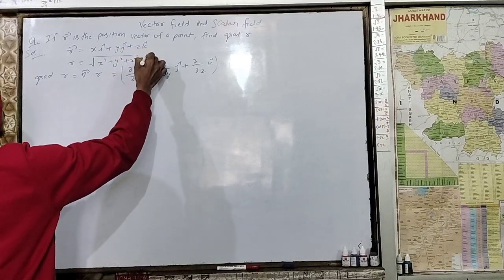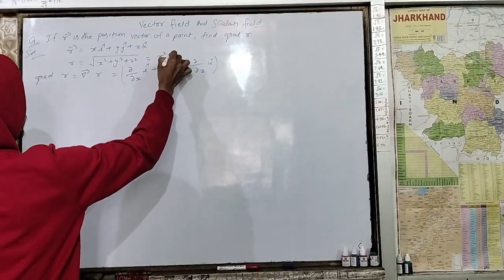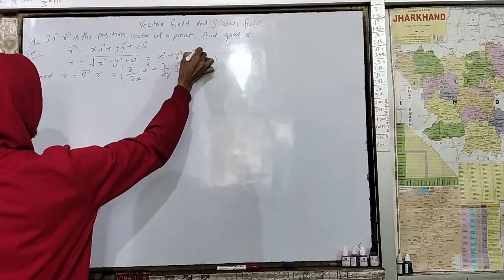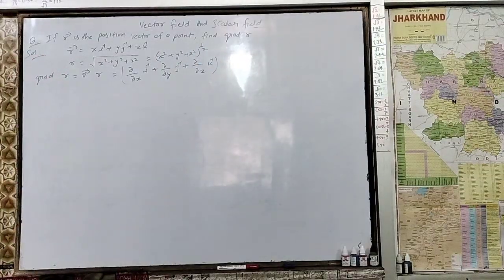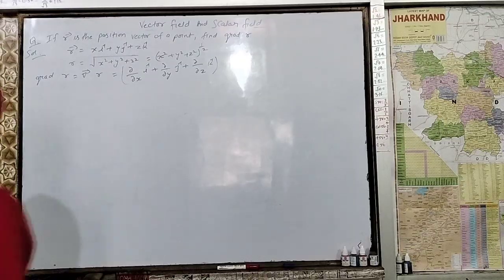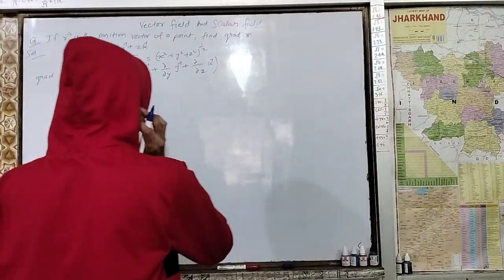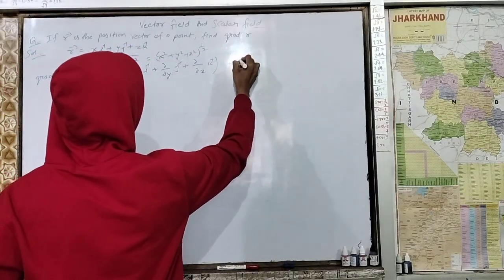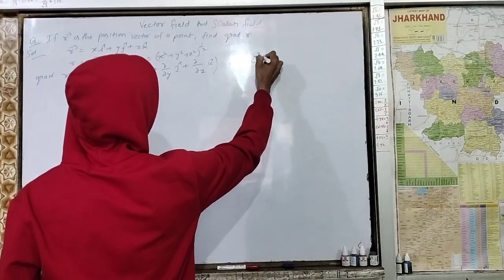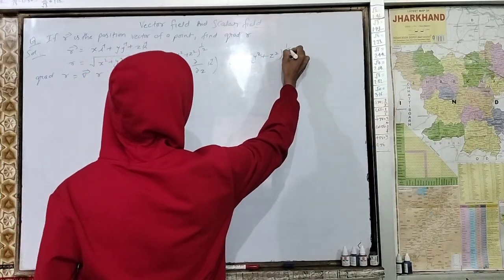You can write this as x square plus y square plus z square raised to power 1 upon 2. Am I correct? So the value of root is nothing but 1 upon 2. So just substitute the value over here, x square plus y square plus z square, raised to 1 upon 2.